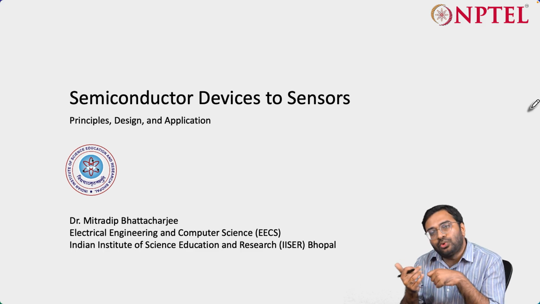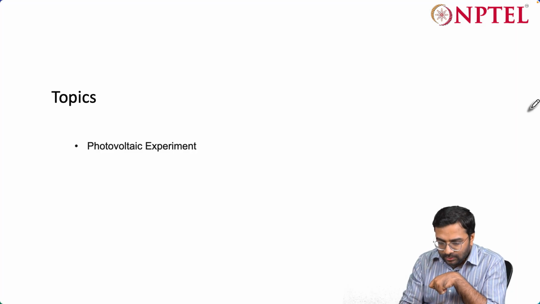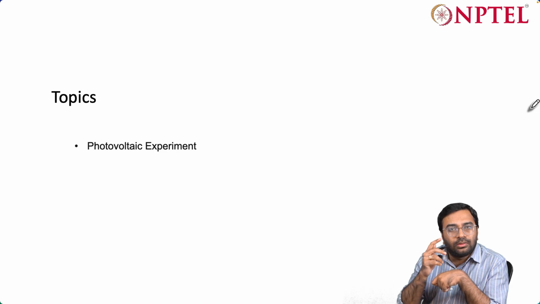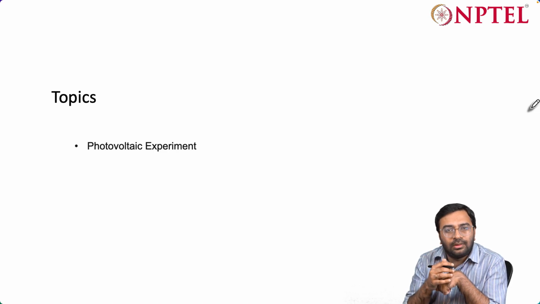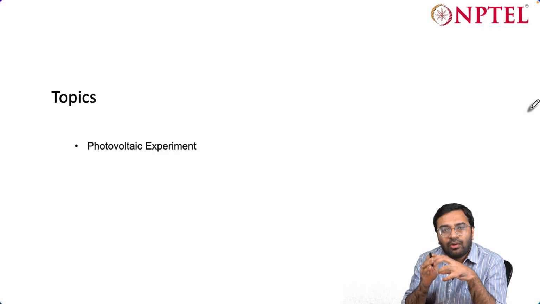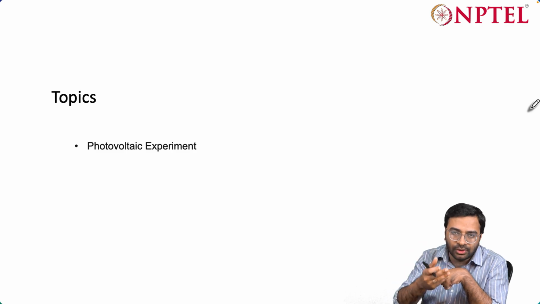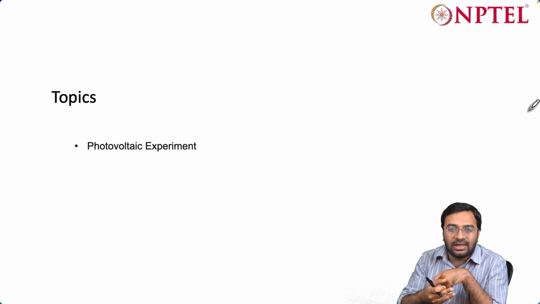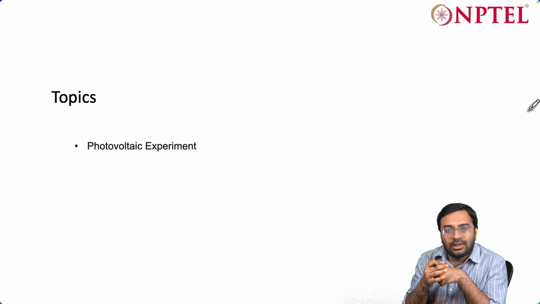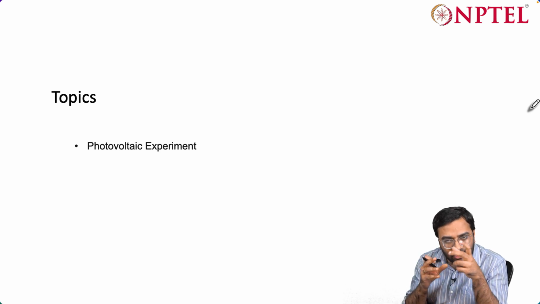So, let us go back to the lab and let us see how we can actually do that experiment. The topic of today's discussion is the photovoltaic experiment, because the phenomenon associated with a solar cell is the photovoltaic effect, where the photons or the light actually get converted to a voltage, and we will see that happening during the experiment.